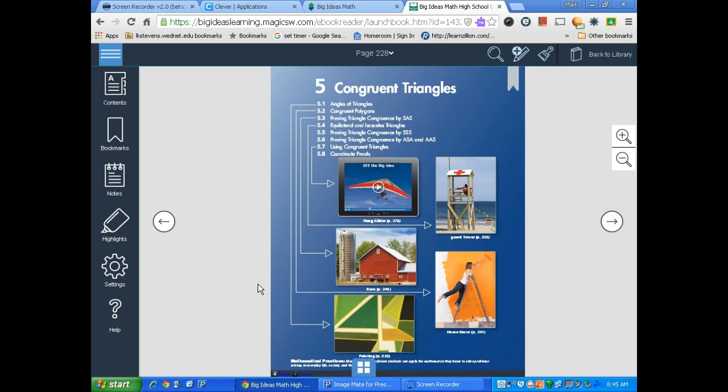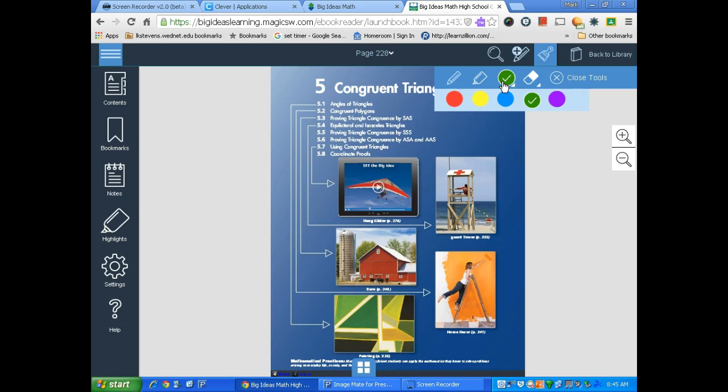Oh, I figured it out. Show you all how to color. Okay. You choose whatever color you want. You choose purple. And then I just color.